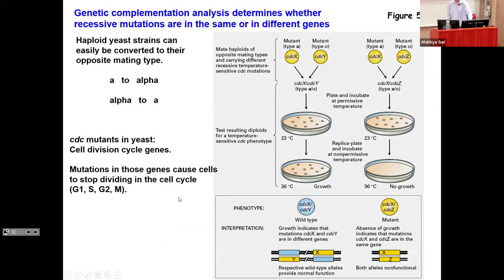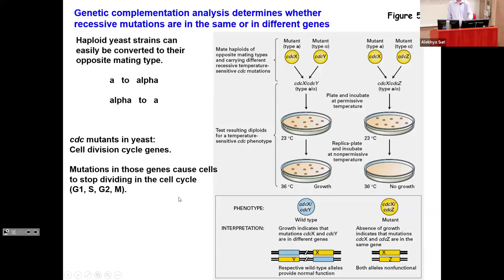You would plate these out on agar plates. At room temperature, again, they should all grow. But the difference now is when you plate those cells at high temperature, there could be a situation where these colonies would still be growing, or there would be no growth, not any colony would grow.